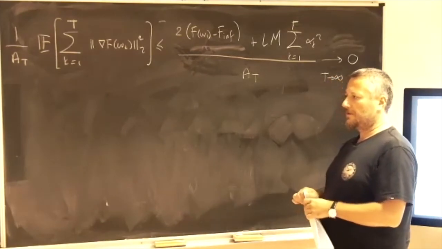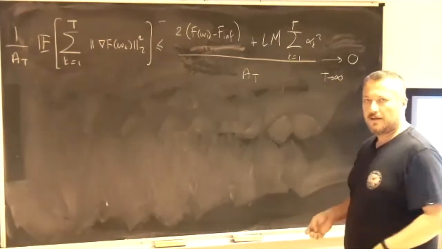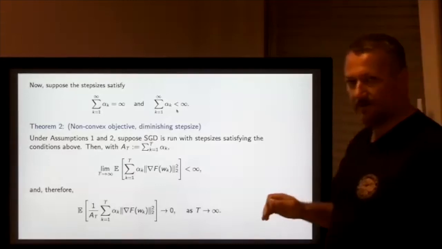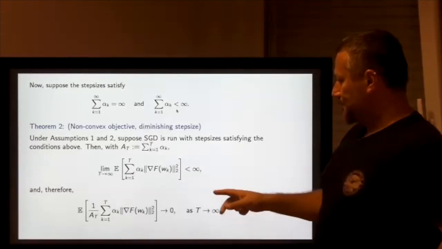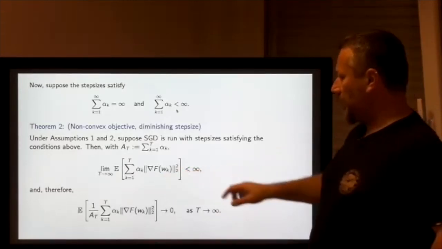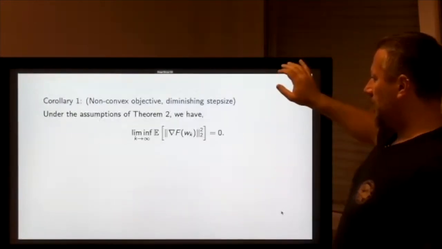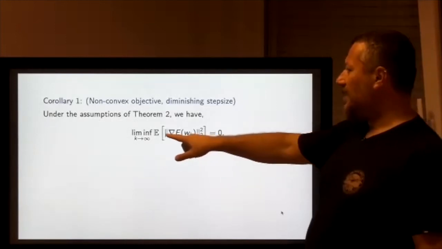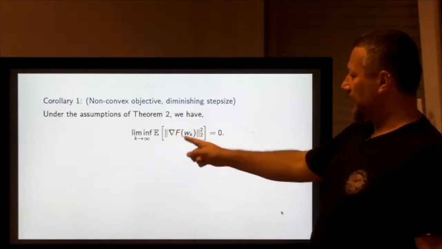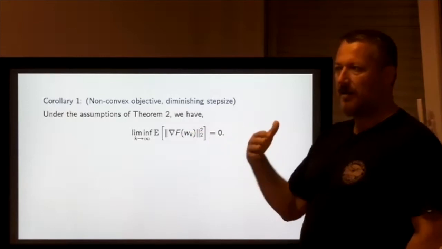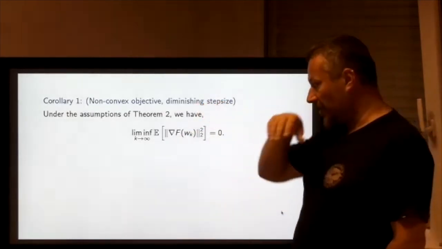So one thing before I give a break is a direct consequence of this theorem: this limit is finite, which means this is summable. Therefore, the lim inf of the expected value of these gradients should be 0. There should be a subsequence converging to 0.